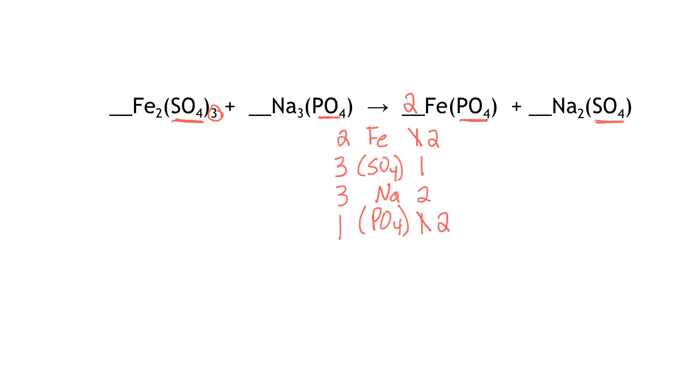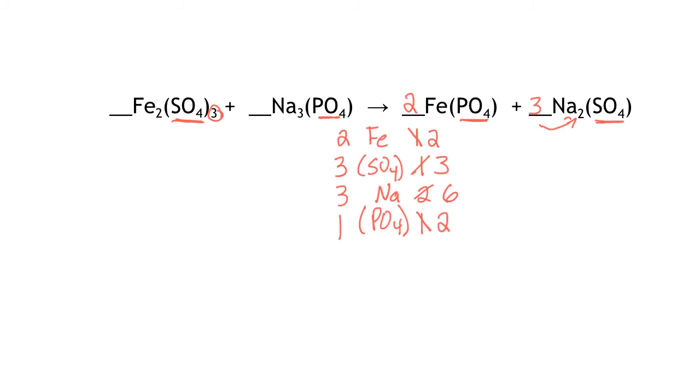So I've got 3 on the reactant side and only 1 on the product side. So I'm going to change this to a 3 and update my totals. Now I've got 3 times 2 for the sodium. That's going to give me 6. And I have 3 SO4. I'm balanced for iron, I'm balanced for SO4. For the sodium, I'm not balanced anymore.